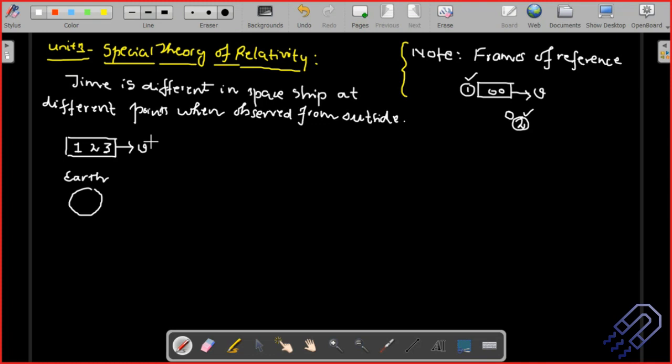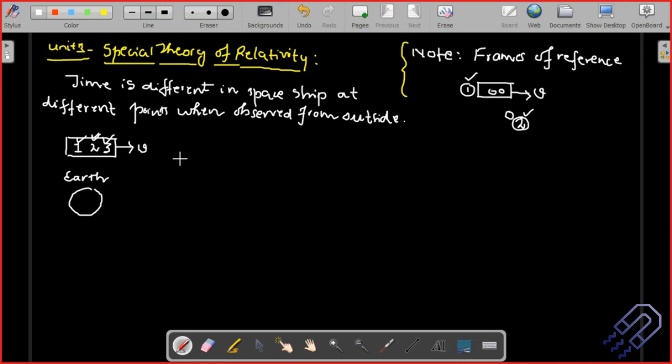Your observation may not be the same when you observe from Earth at points 1, 2, or 3. They may all be more or less different, varying in time. If there is a length, there might be some difference in length also. And this comes under the scope of the special theory of relativity.